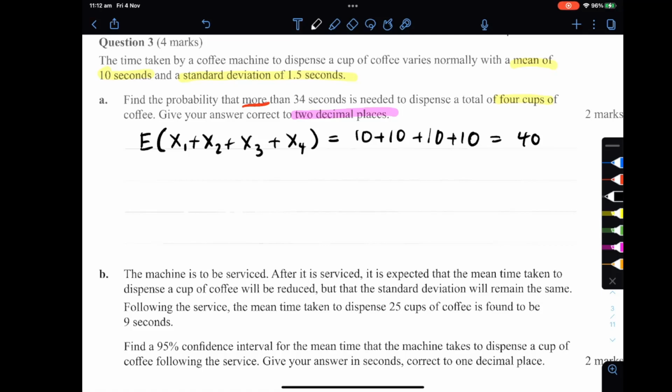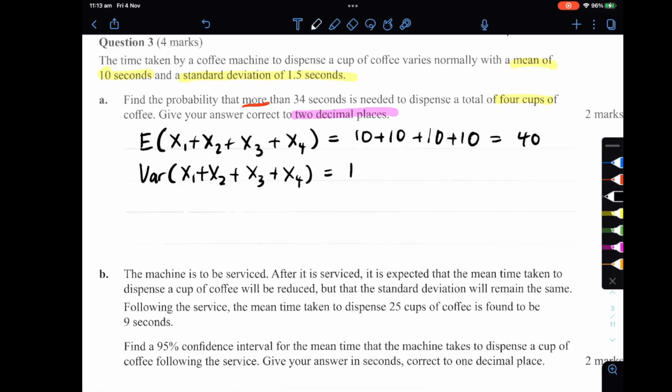Now, if we want to find the standard deviation, I think the best way to start is to go by the variance first. So we just have to add the individual variances, similar to the mean. So it'll be Var x1 plus Var x2 plus Var x3 plus Var x4.